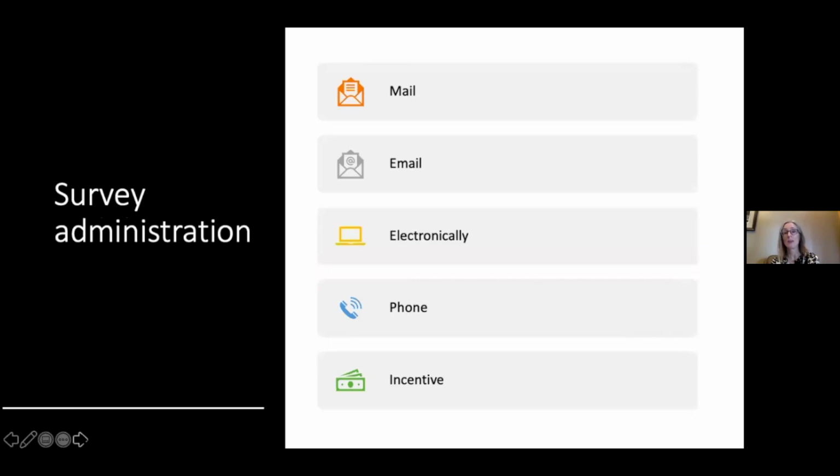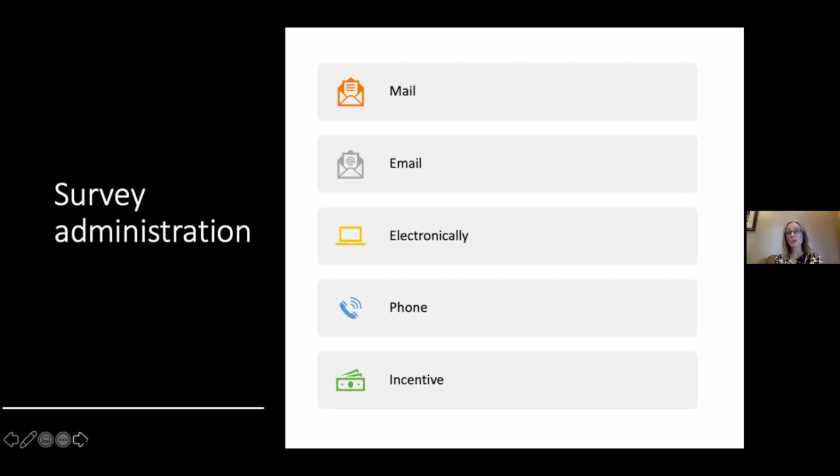So a combination of some type of in-person, snail mail, and electronic or email, or some type of phone and electronic or phone and snail mail. Those get the best response rates.